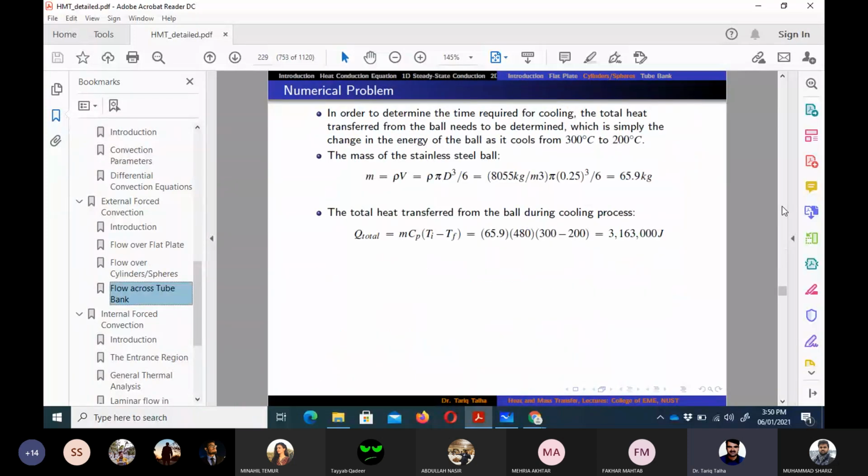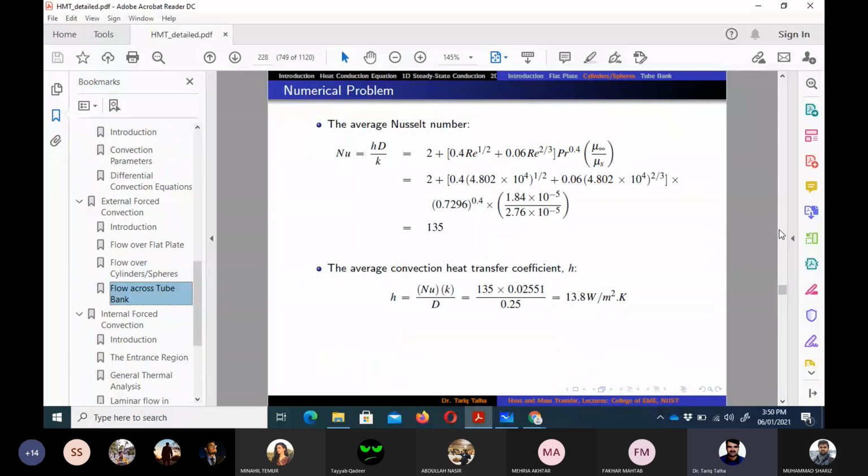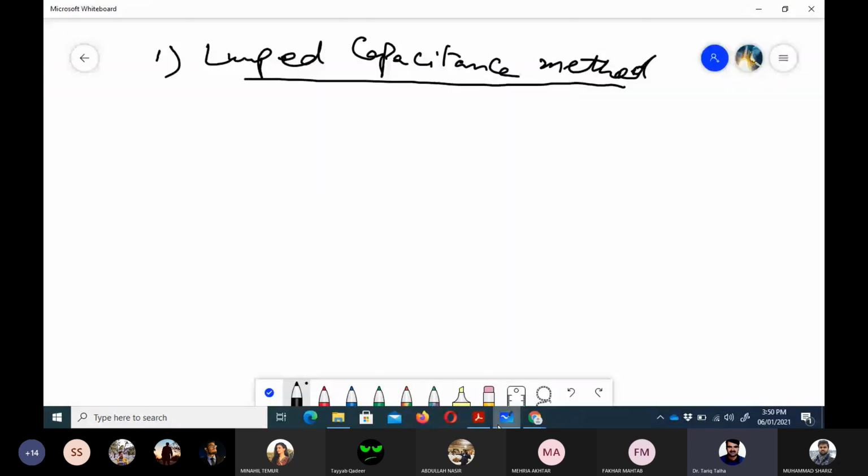Now, if we go back, we were here. At this point, I was going to mention that first of all we need to calculate the Biot number in this case, which would be equal to h Lc upon k of solid.